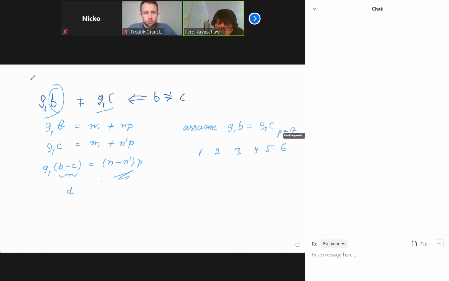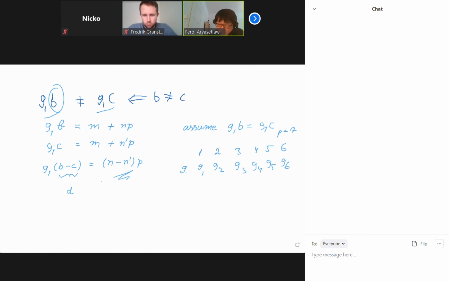And I take an element G1 here, or let's just call it G. So this is G1, G2, G3, G4, G5, G6. We just showed that if I multiply G by each of the elements in the group, then I must get different results.